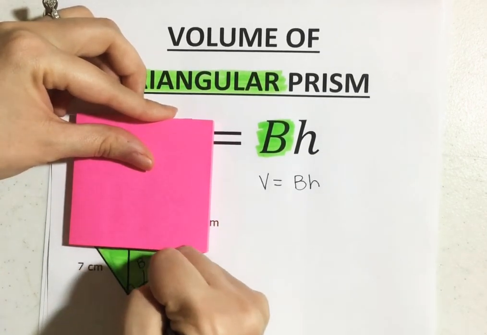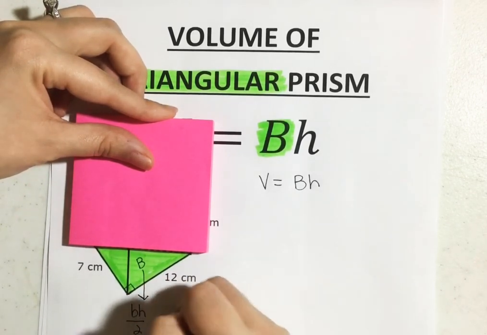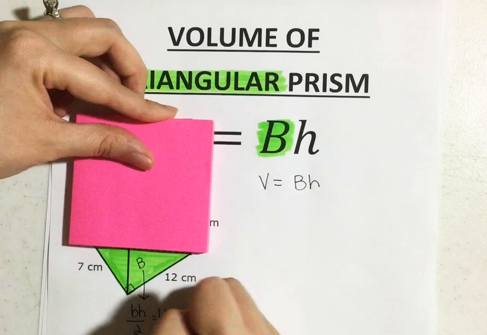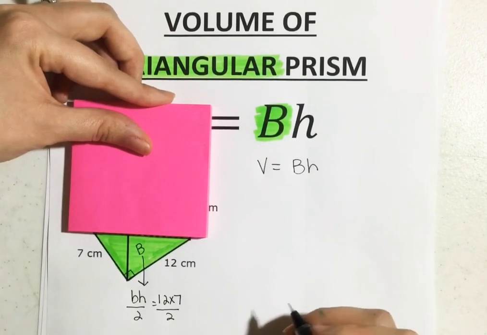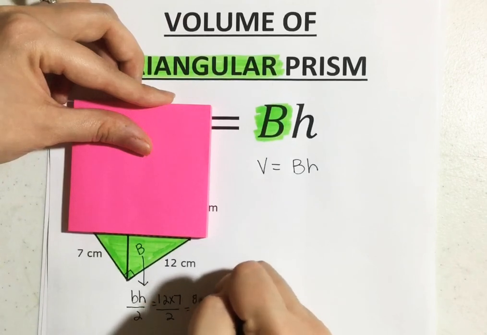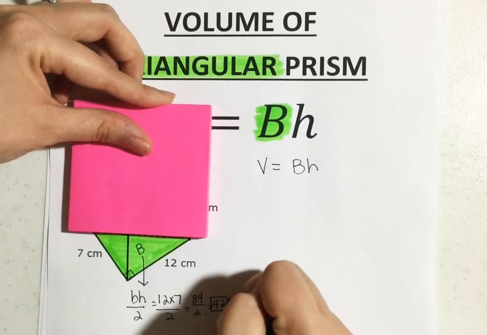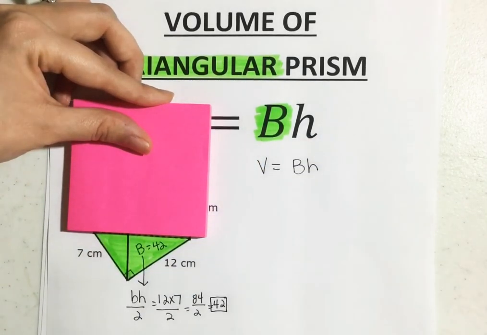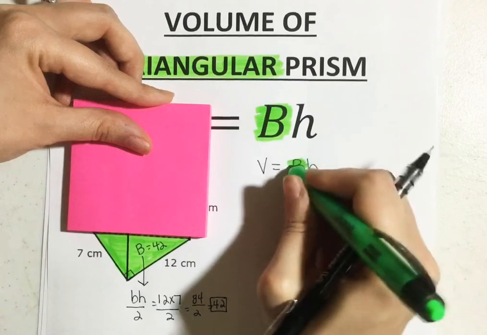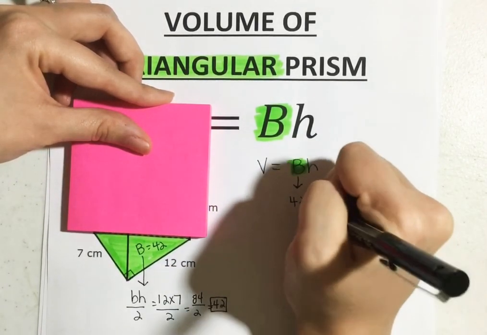How do you find area of a triangle? You do base times height divided by 2. So I would be doing 12 times 7 divided by 2. Okay, 12 times 7, that is 84. Divided by 2 gives you 42. So your base would have an area of 42. So for the area of the base, I already have it. I worked it out. I got 42.